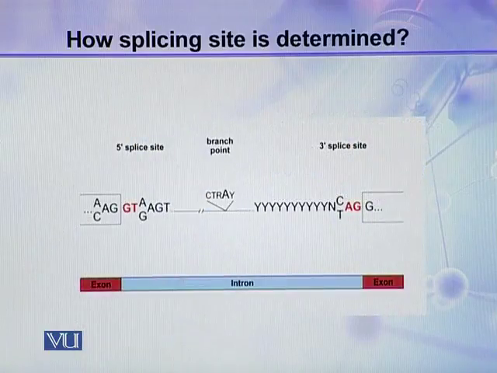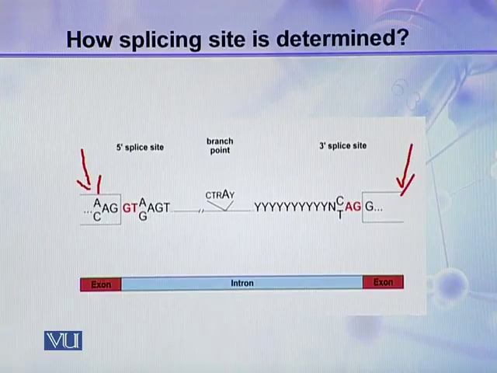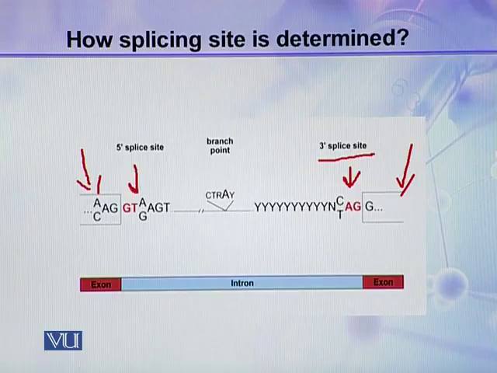So here you can see in this figure, this is the 5' side and this is 3'. And in this DNA, this is the 3' splice site. And this sequence marks the 5' splice site.